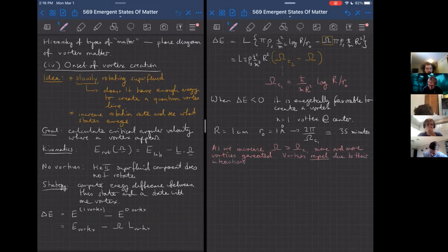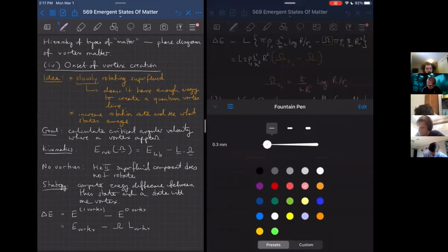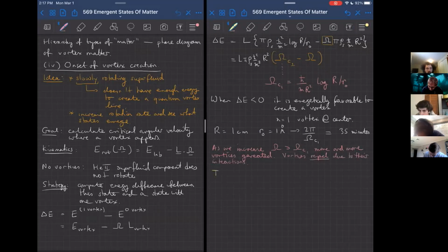And so to minimize their energy, they form some kind of vortex lattice. And that spaces them out evenly.